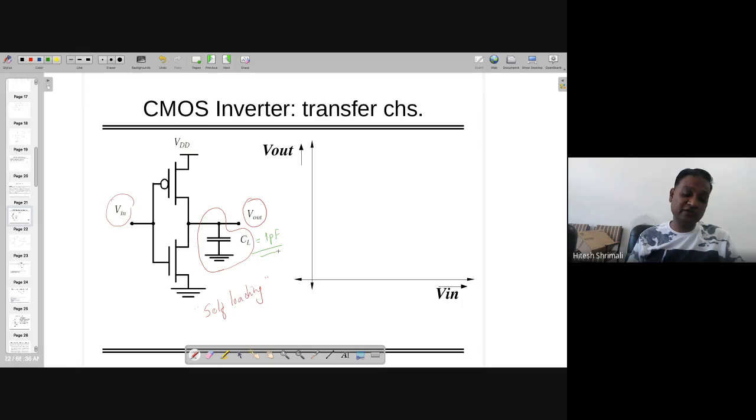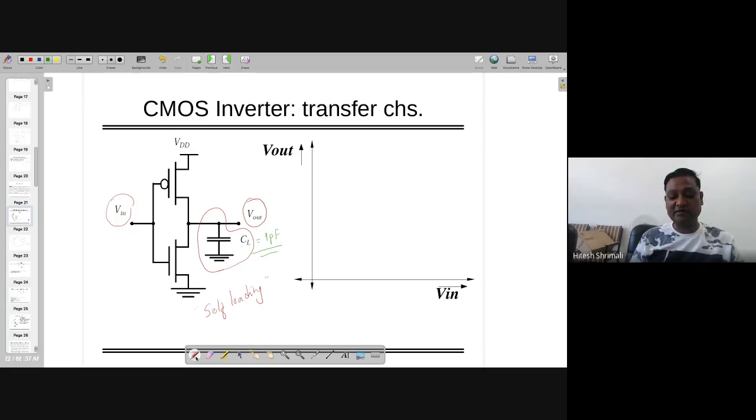Sometimes you know that the resistance is also there, but right now we are not going to consider resistance because we are more towards the value of CL, because we are going to work in a frequency domain where the capacitance is going to limit the bandwidth. That's the main reason why in digital circuits we consider load capacitance rather than load resistance.